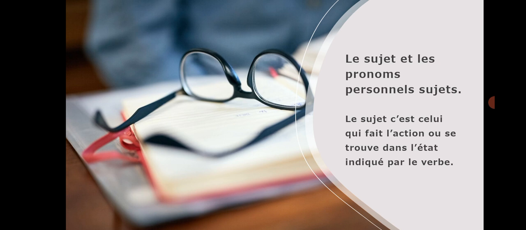She seems kind. There's no action here, but we have a state, the state of being kind. So the subject is a doer of the action or is in the state being expressed by the verb.